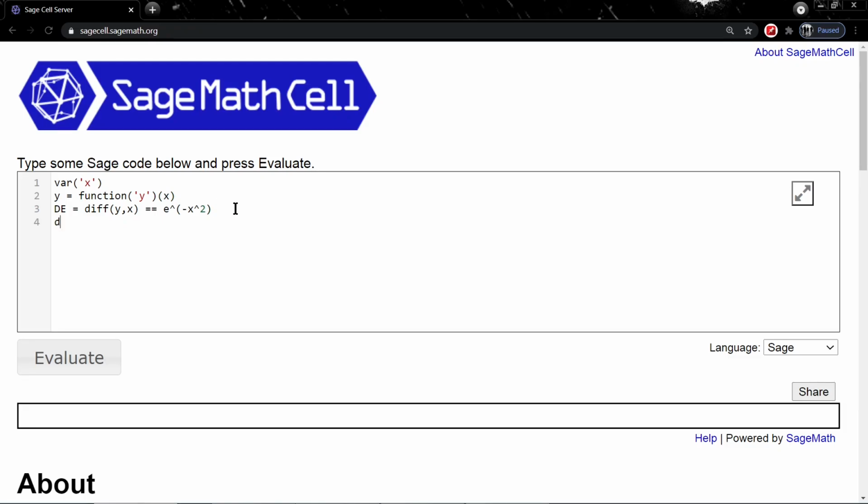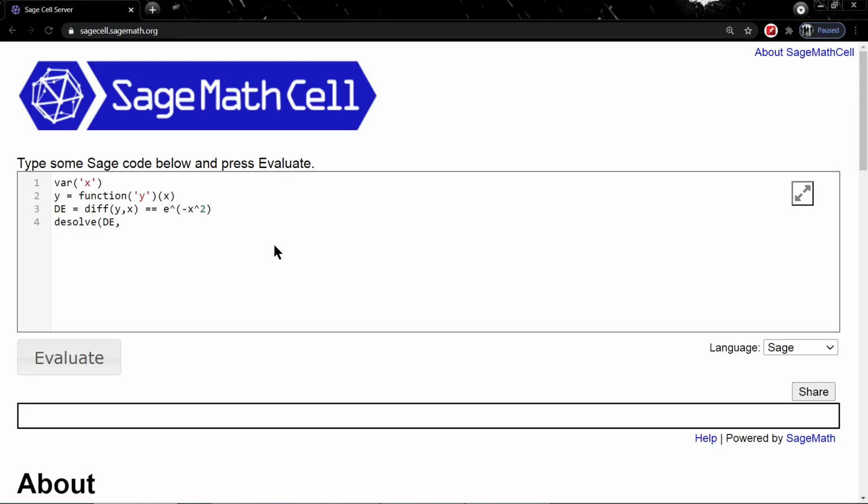Now we can use the dE solve command. As I have told you, the first argument is the differential equation. We can write this entire differential equation in here like this, or we can just write dE because the dE variable holds the differential equation.